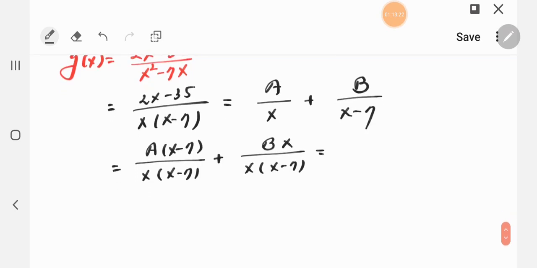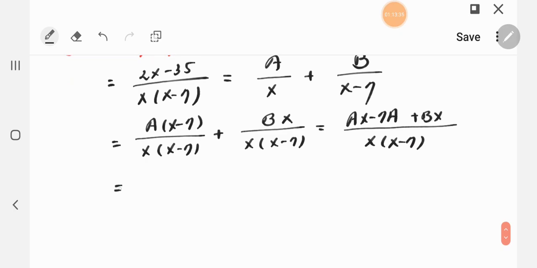Then this is equal to ax minus 7a plus bx over the denominator. And then combine the like terms in the numerator. So the coefficient of x is a plus b, and the constant is negative 7a.